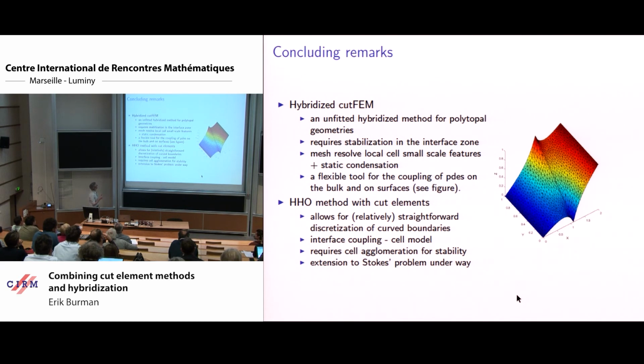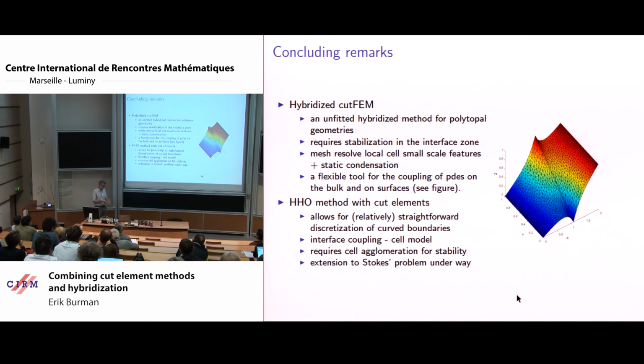I've showed you some ideas on how to hybridize cut finite element methods. So if you have a polytopal geometry, you can have an unfitted hybridized method. This requires some stabilization in the interface zone, both for the bulk unknowns and the trace unknowns. So this can indicate the possibility of using a method where, if you have local small scale features in the cells, you can resolve that with a mesh.